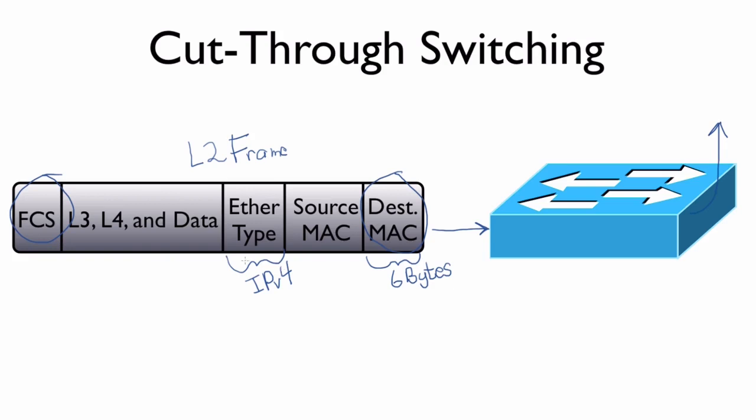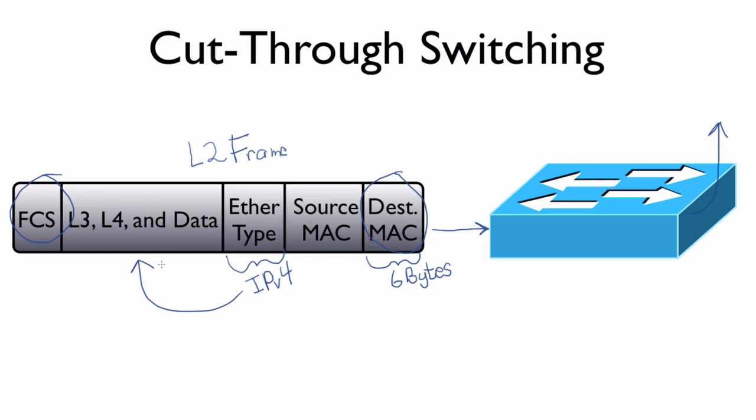We can also check the ether type, and if it's something like an IP version 4 frame, that can tell us to go look into header information in layer 3 headers to check out things like quality of service information, or to see if we might be blocking this frame with some sort of access control that's configured on the switch.